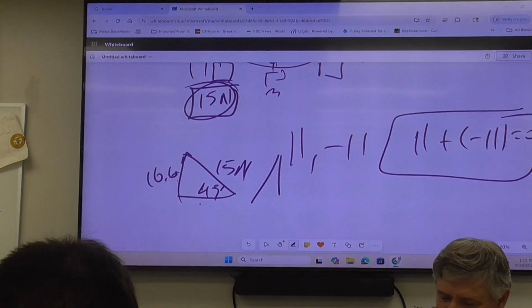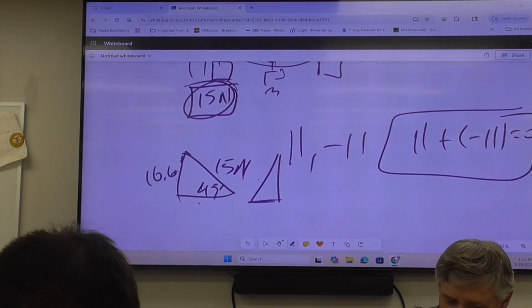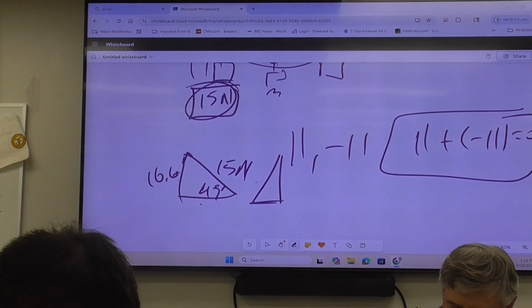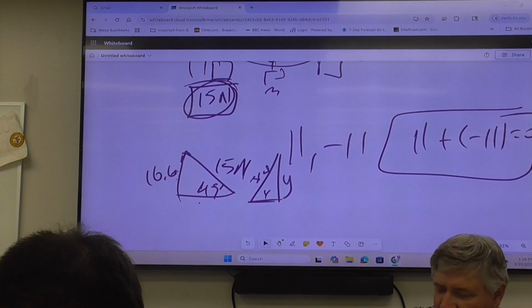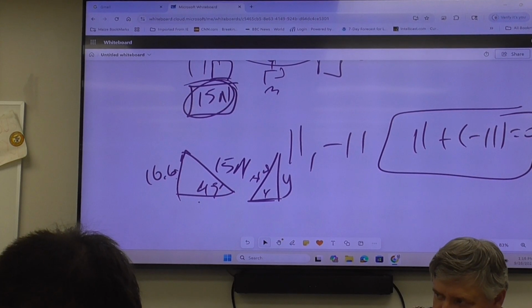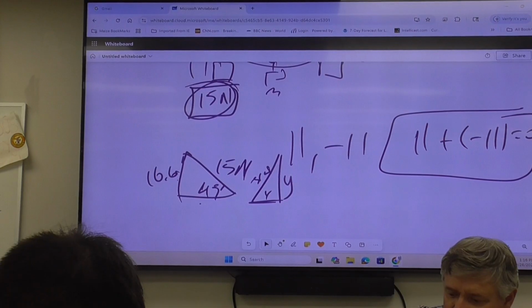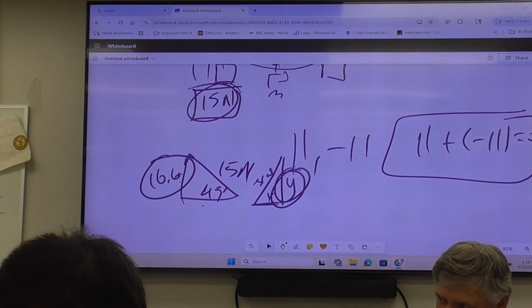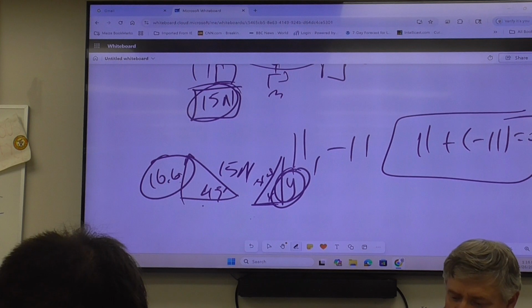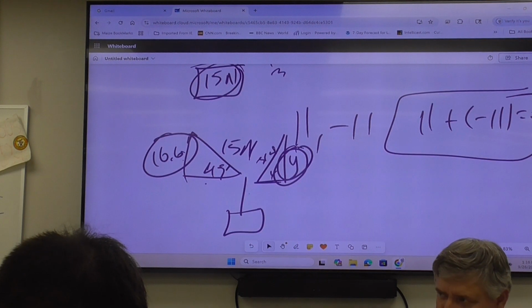On the other one, you're going to do the same thing. The hypotenuse is 31 newtons. Find those x and y components. These two y components, 10.6 plus whatever you get over here, are going to add together to balance out the weight of whatever's hanging down below.